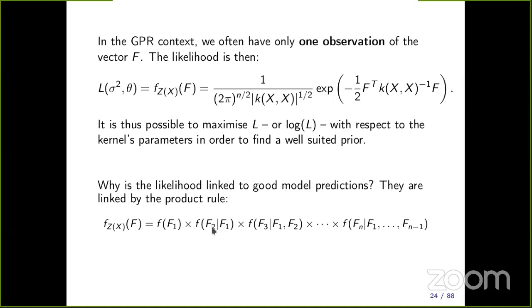So it means that the observation F1 makes the prediction for F2 given F1 likely. The prediction for F3 given F2 and F1 is likely too. So a high likelihood means basically that with a set of observations, you can efficiently predict the next ones. That's why it is very principled and very widely used to use maximum likelihood to estimate the parameters. If you have a high maximum likelihood, it means you're able to make predictions using a subset of the observations to predict the remaining ones.